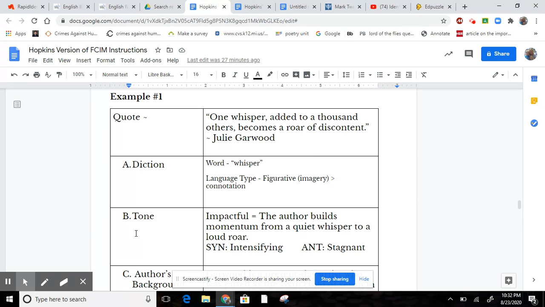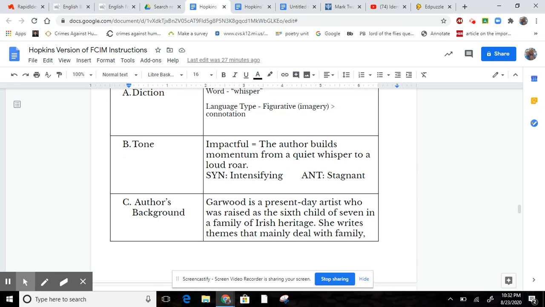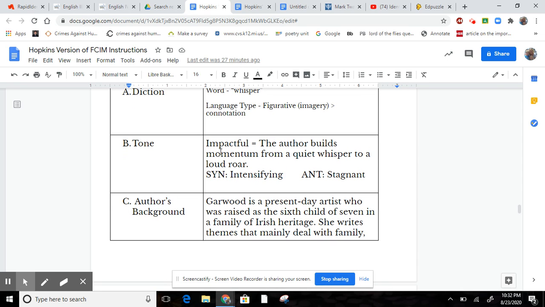And then you're going to identify tone. You'll identify by giving the tone of the quote, an explanation for your reasoning, and then a synonym for that word, and then an antonym for that word. The negation will help you better understand what the author's getting to.